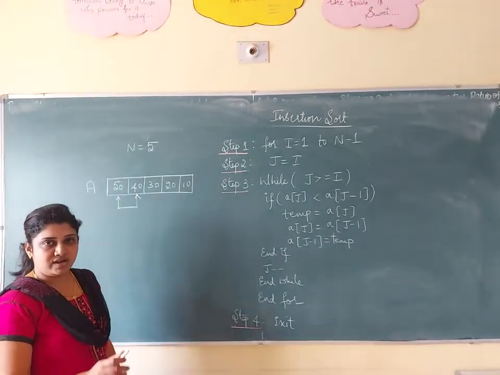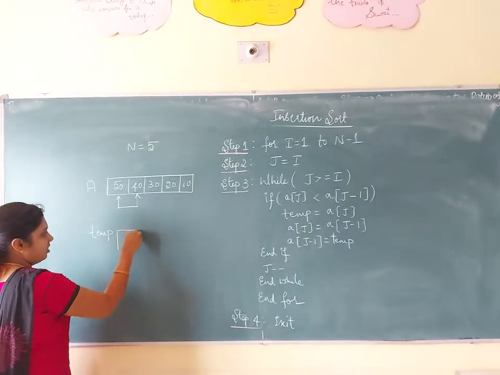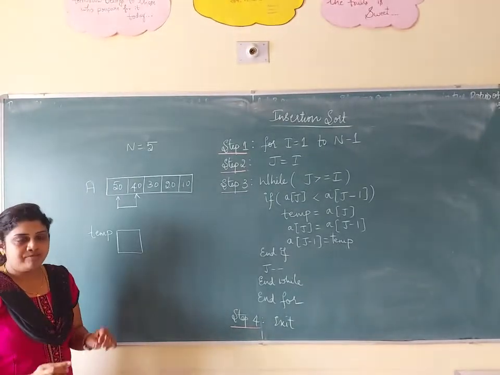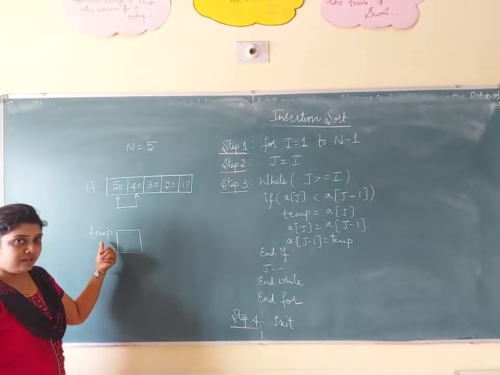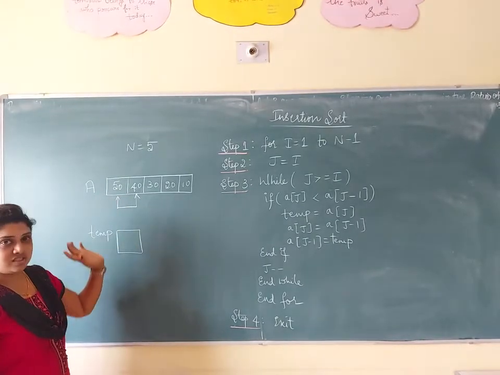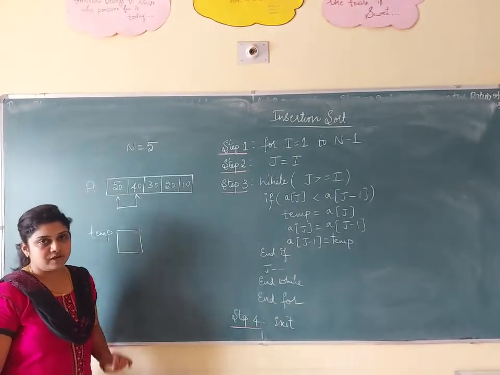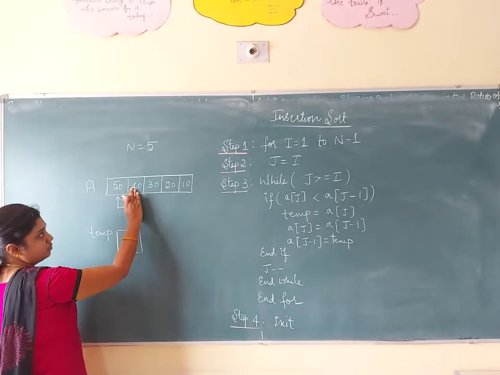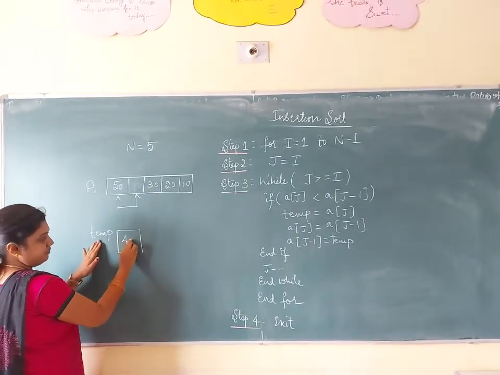So you have to take one temporary variable. It is mainly used to store the data only for temporary purposes. We require one temporary variable to interchange the values. Now you remove this 40 and store it in the temporary variable.